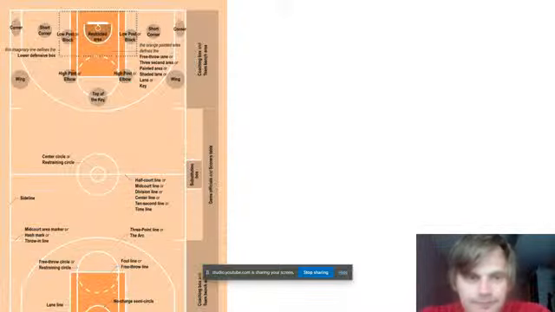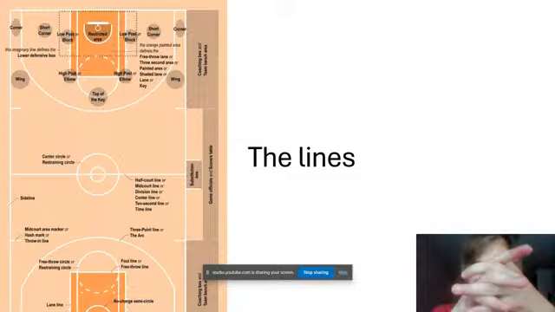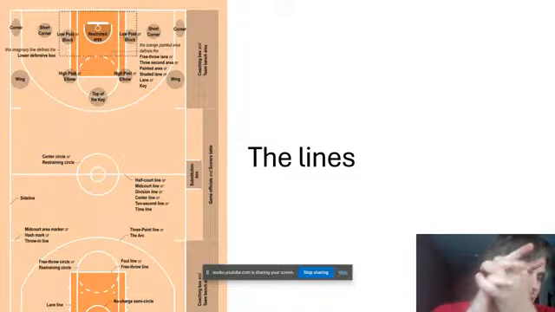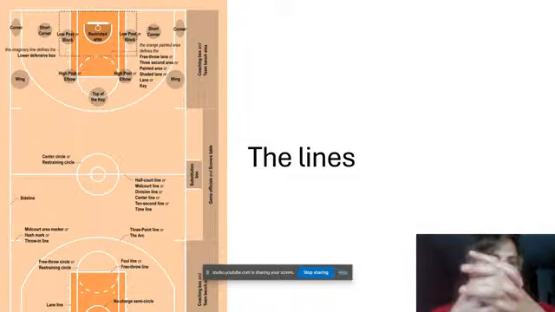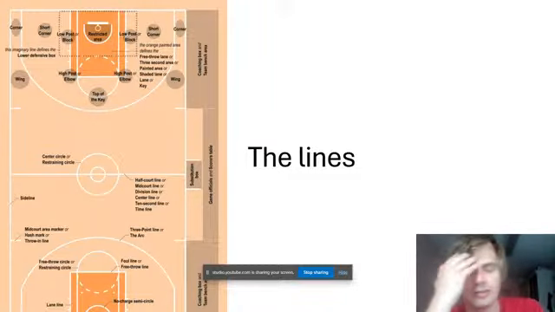Moving on. So again, this is a more in-depth explanation of what the lines are, and we also get a few explanations about the zones themselves.